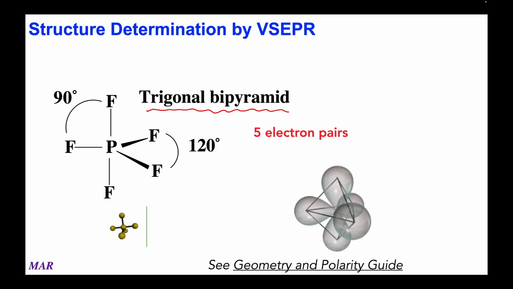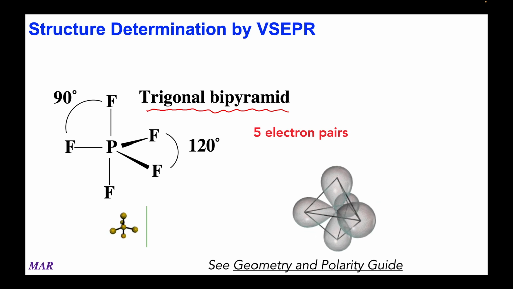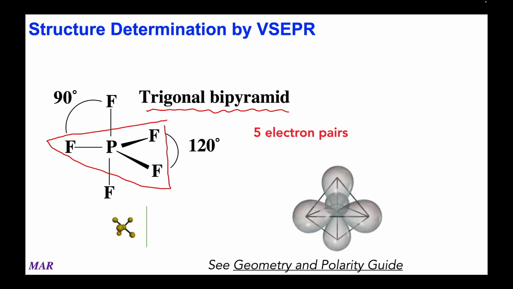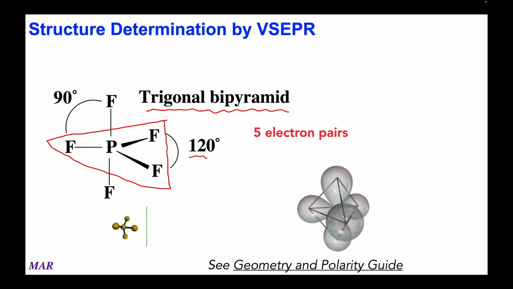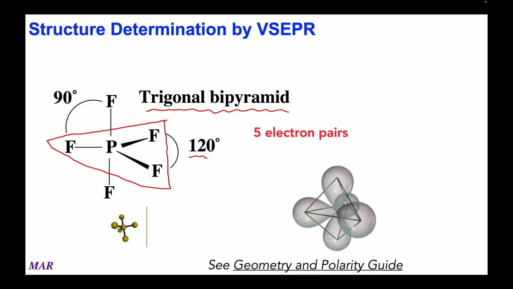Now, what's really interesting is that when you have a trigonal bipyramid, there's several angles to pay attention to. There's like a middle part, and that's like a trigonal planar geometry we saw earlier, like with BF3. All of those angles are 120 degrees. But then you have a fluorine on the top and a fluorine on the bottom.